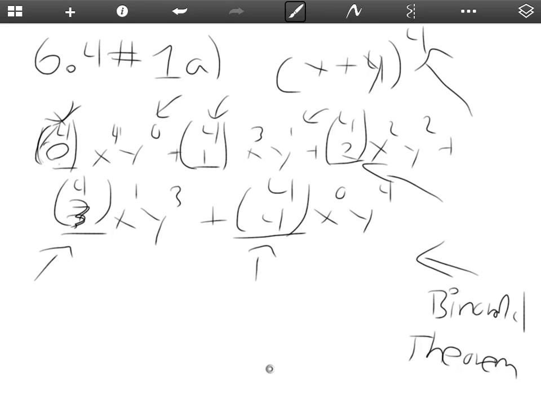But this is going to come out to 4 choose 0. I'm not going to do all of these terms this lengthy, but what's 4 minus 0? This is 4, and 0, and that's just going to be 1.